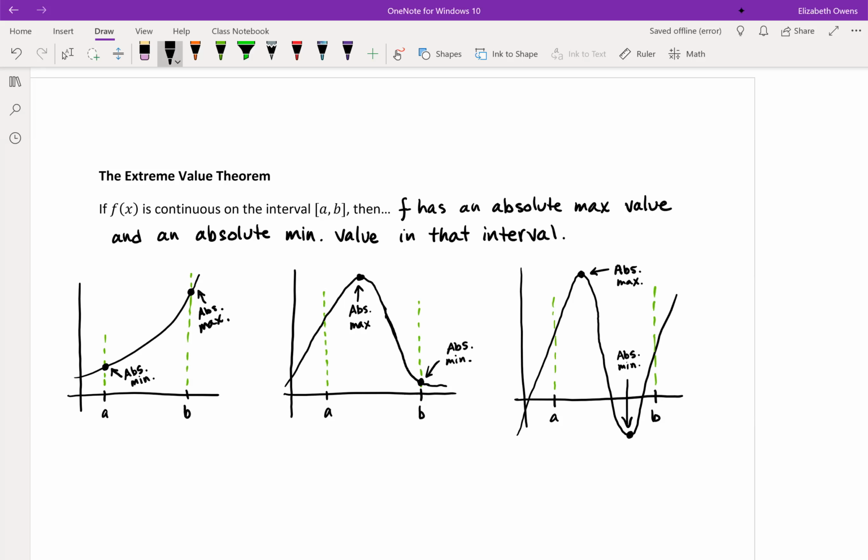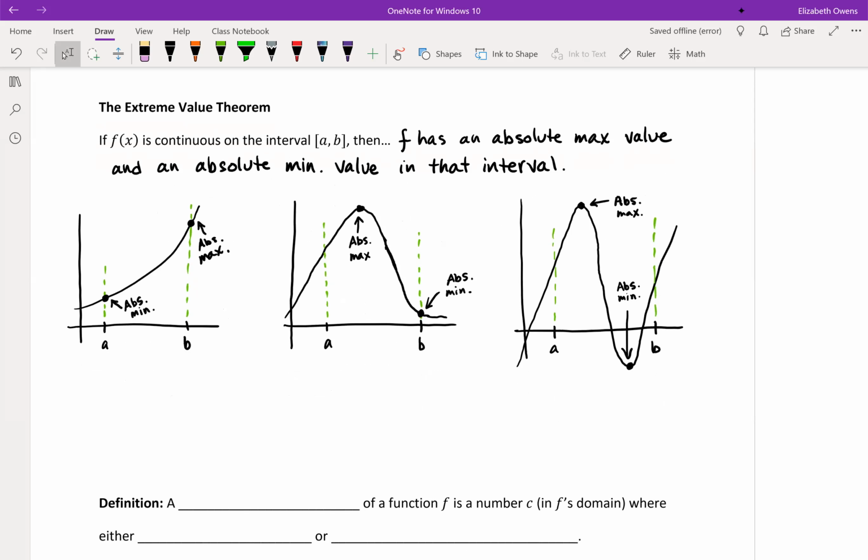You could have just one of those values at an endpoint, either the maximum or minimum, and the other one is somewhere in between. Or you could have neither of the endpoints being anything special, and your absolute maximum and absolute minimum are both somewhere in the middle of the interval. So that keeps things a little bit interesting.